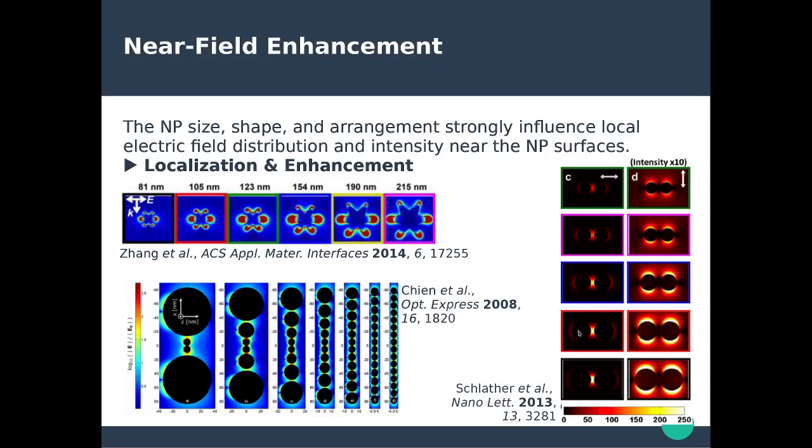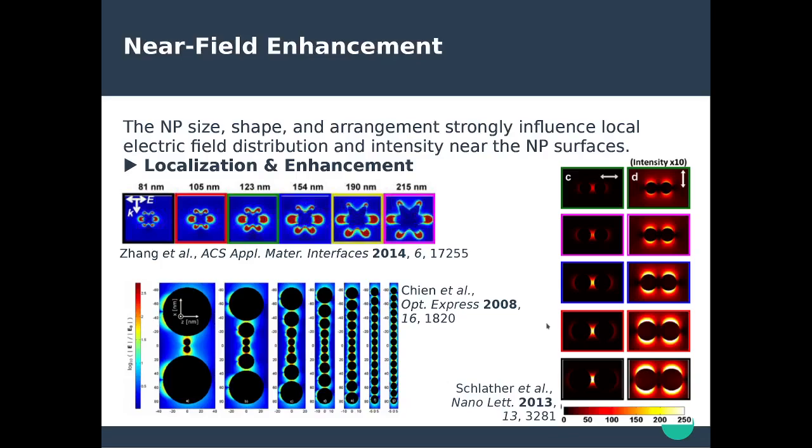incident electric field. Now, if you rotate the polarization of light, if you excite the particle along the transverse direction, now you have a factor of 10 lower field enhancement, and you see now the field is localized on the transverse direction. You can really have platforms that are polarization dependent, and you can control where the field is and how strong the field will be by just changing the polarization and nanoparticle arrangement.